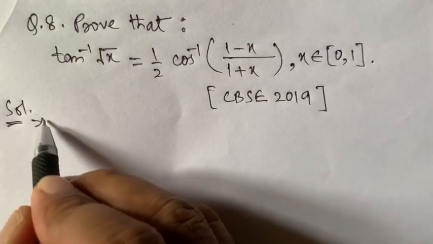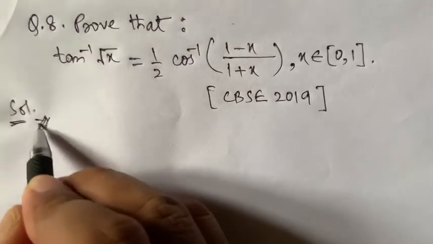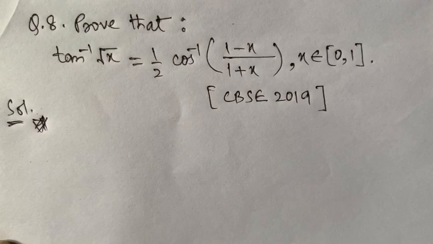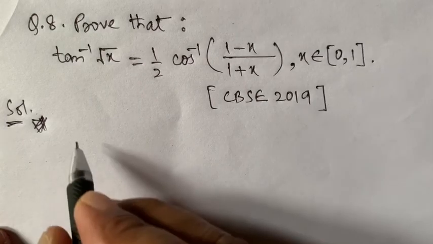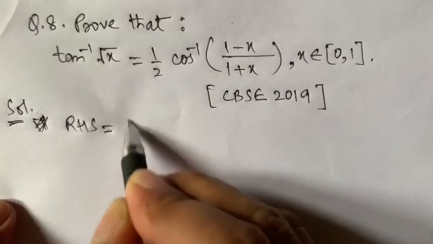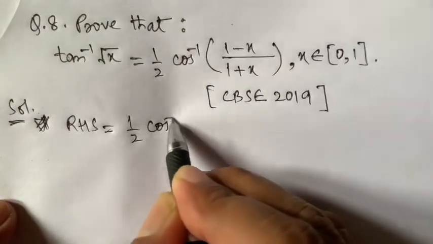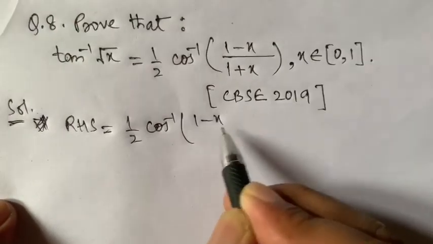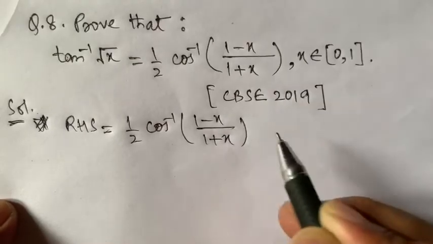It will be tan inverse of root x is equal to half cos inverse of 1 minus x upon 1 plus x. Let us take the expression in the right hand side. Here, RHS is equal to 1 by 2 cos inverse of 1 minus x upon 1 plus x.